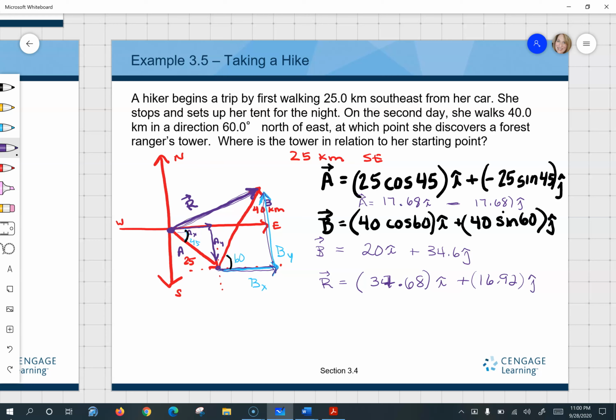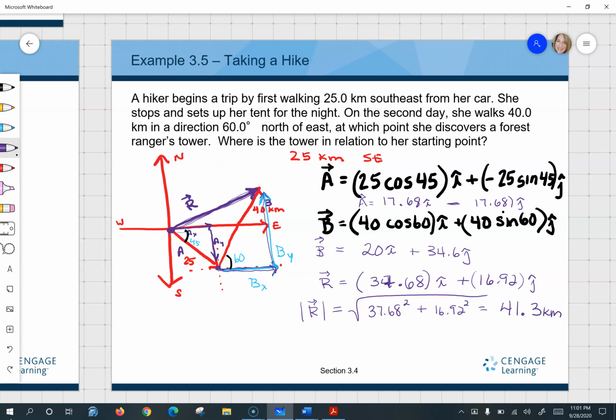But I want to know the length of it. So to find the length, the magnitude, we're going to use the Pythagorean theorem. So you go ahead, try that. And I got 41.3 kilometers.